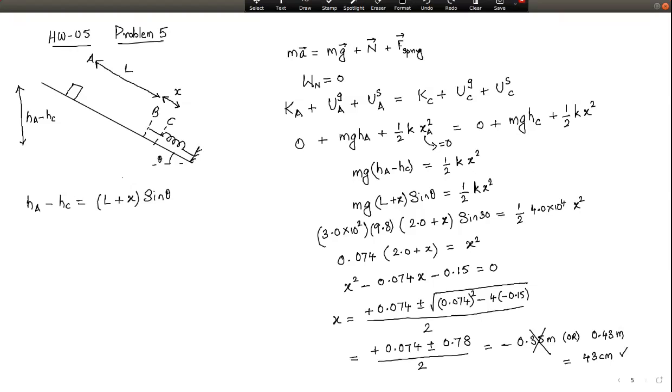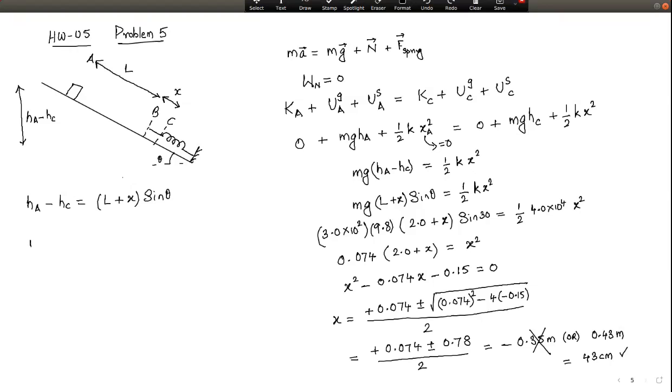One should notice, is this really significant? What would have happened if we had not worried about this x? So let me clarify that here.